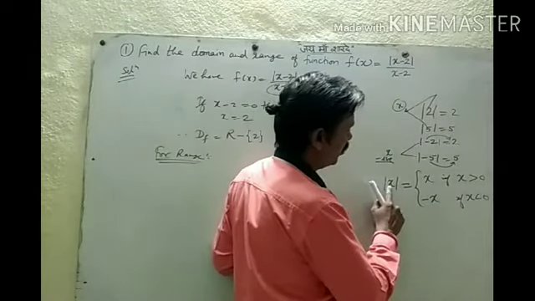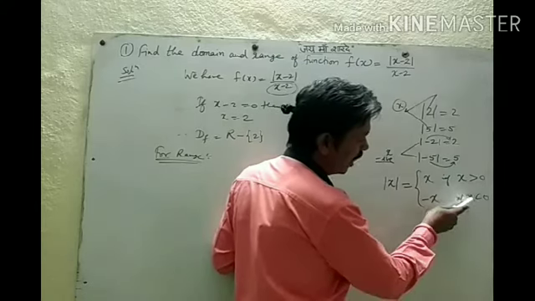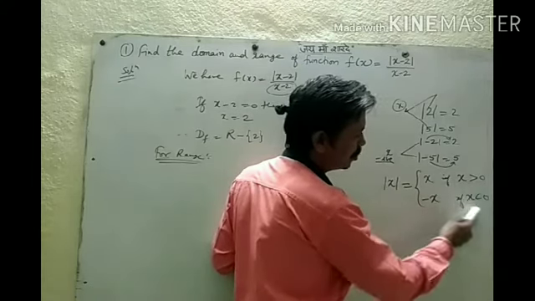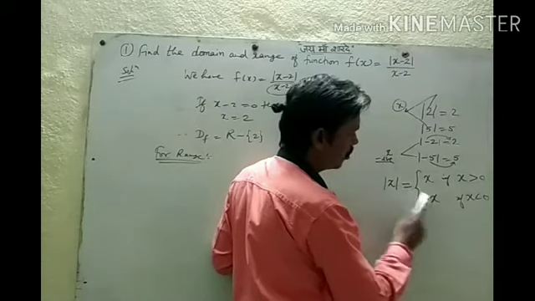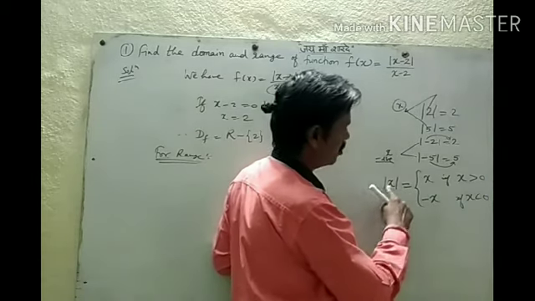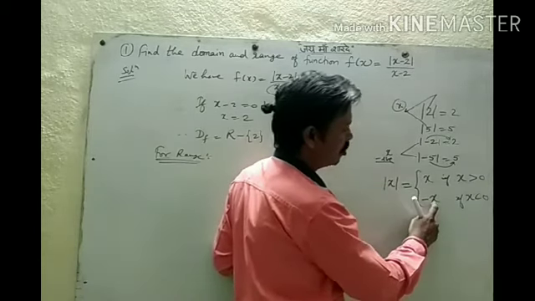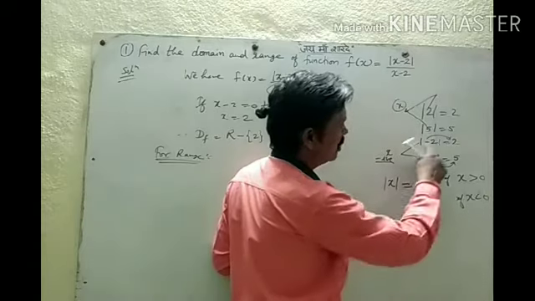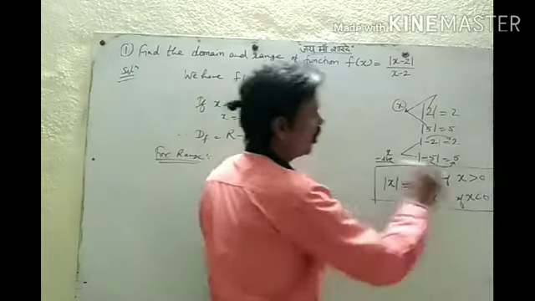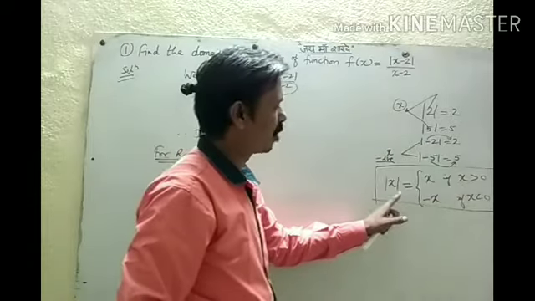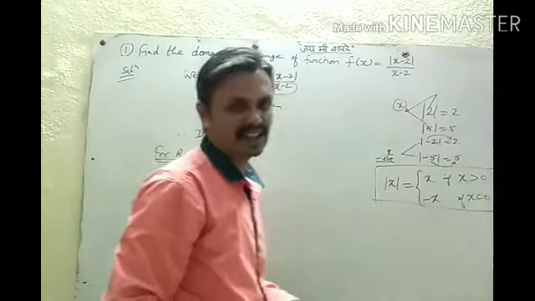See, x is minus 2. If you put minus 2, it will come in the group less than 0, so we'll use mod x equal to minus x. So when you put x as minus 2, minus of minus 2 will be plus 2. So mod of minus 2 is plus 2. So we have this: mod of x is x if x is more than 0, and mod of x is minus x when x is less than 0.